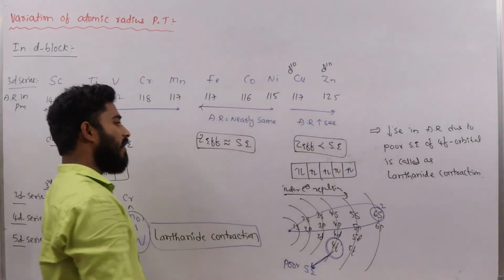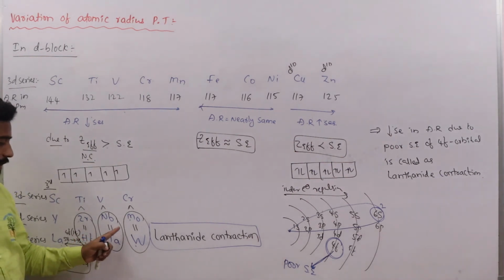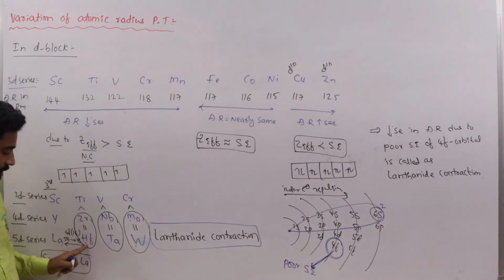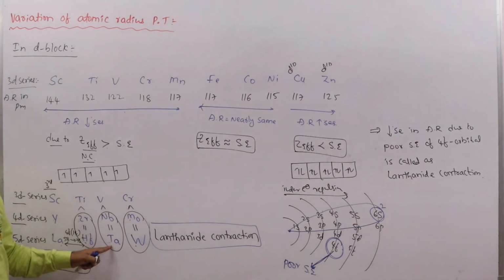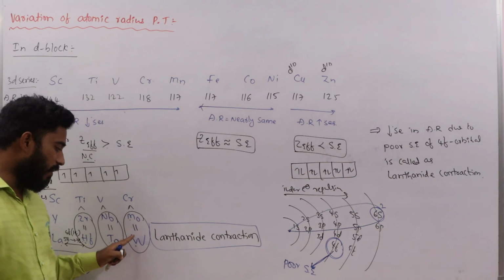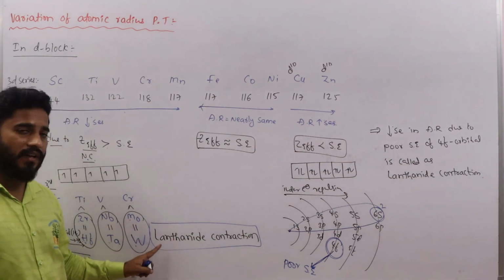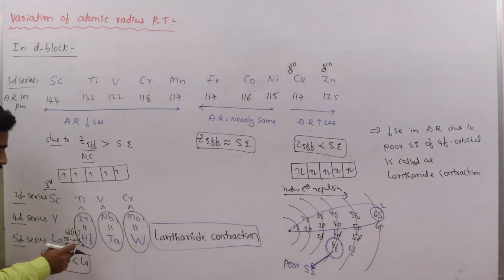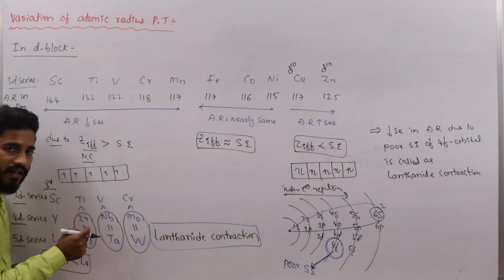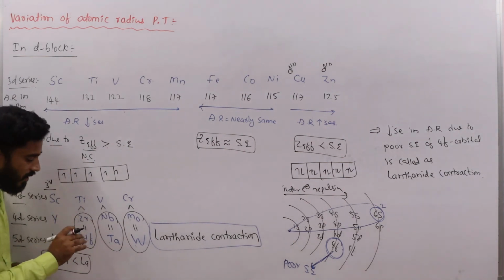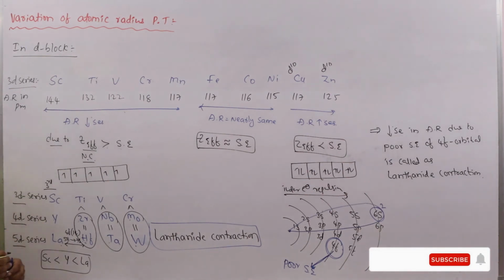Okay, this is about the lanthanide contraction. Remember, this is a very important pair: zirconium and osmium show similar size, niobium and tantalum show similar atomic radius, and molybdenum and tungsten also show similar radius. Because of lanthanide contraction, the sizes of osmium, tantalum and tungsten decrease from the expected. That's why these pairs show similar size.